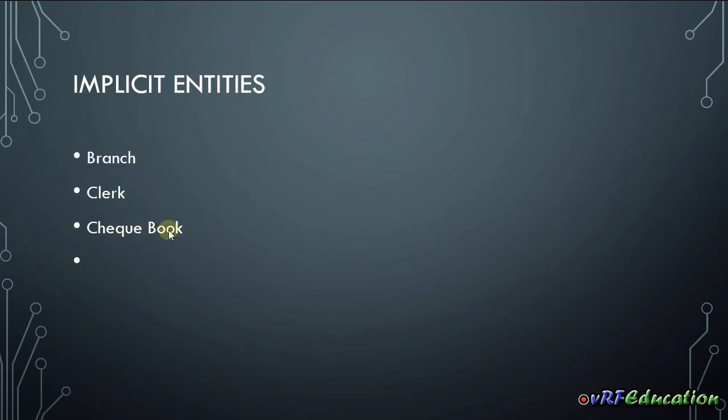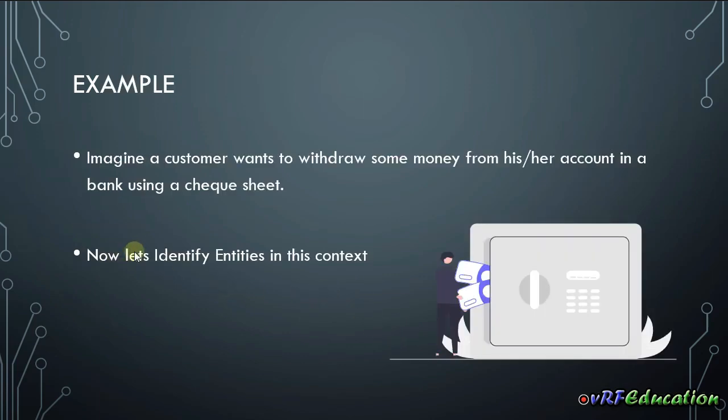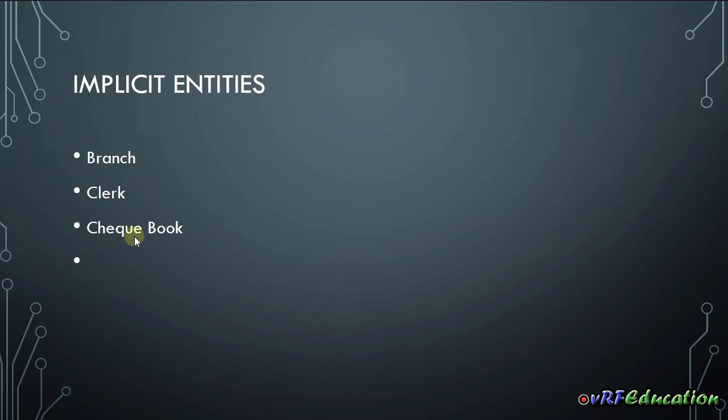And the other one is the checkbook. Each check sheet is assigned to a checkbook. When you go and request a check, they give you a checkbook that contains a couple of check sheets. Okay, so this is the implicit object that we should be aware of to model or to organize our software robustly.